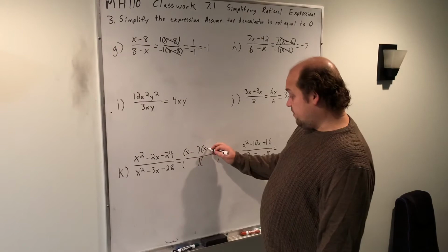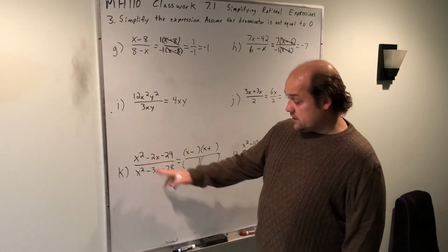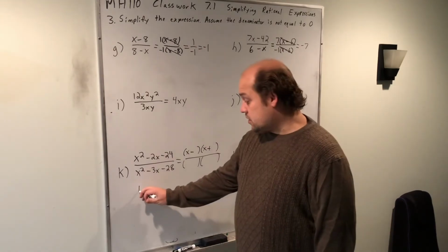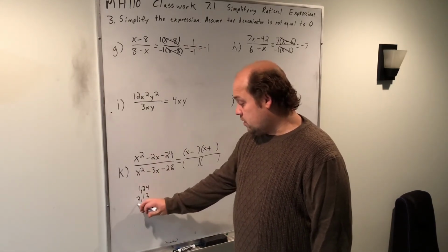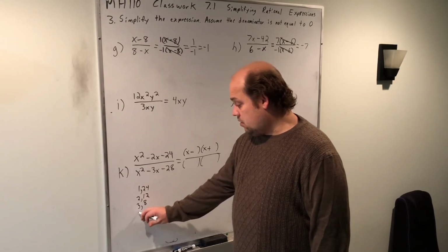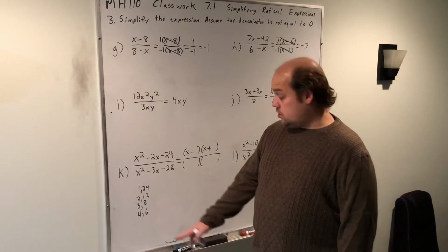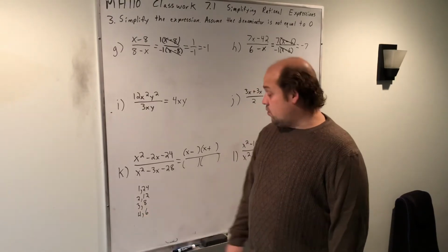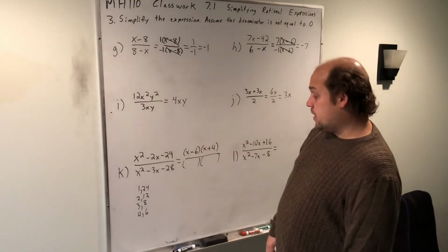Different from negative is positive. I then see a 24 subtracts to 2. So the ways to get to 24 are 1, 24, 2, 12, 3, 8, 4, 6. The one that subtracts to 2 is 6 minus 4 is 2. So I put the larger one here, the smaller one here.